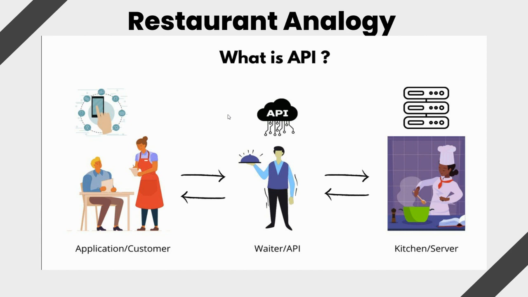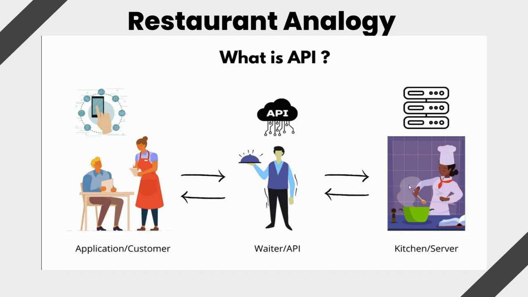So in this particular restaurant analogy, you yourself being the customer, you are like the application who wants to make use of something. So you can see the waiter here. The waiter here is like the API, the person through which you will send your request, and then it will take your request to the kitchen, and then they will make up something for you to eat.